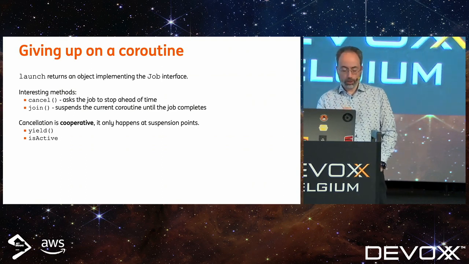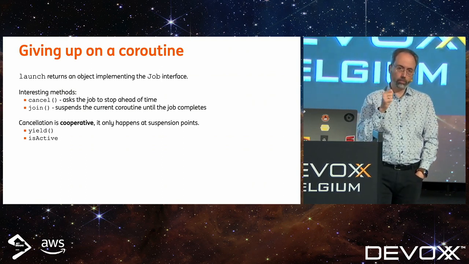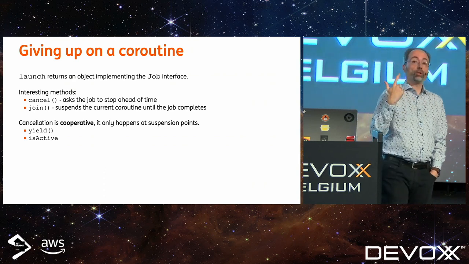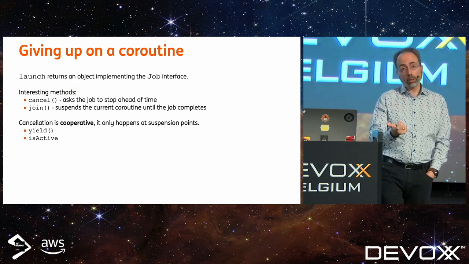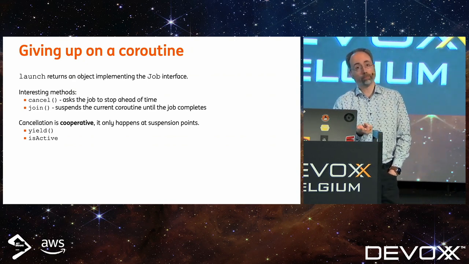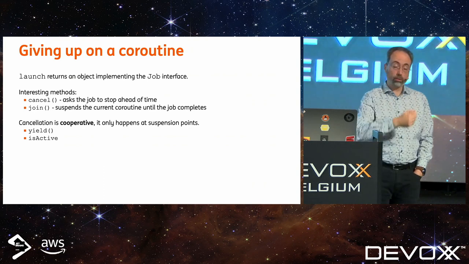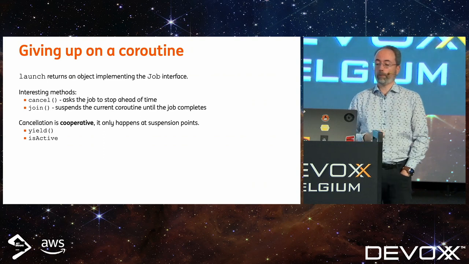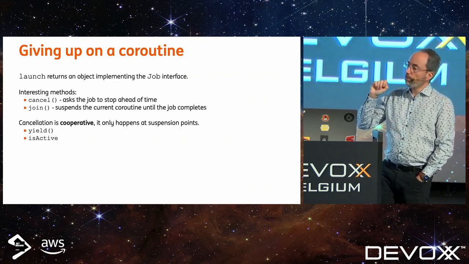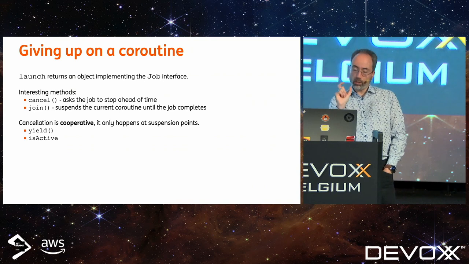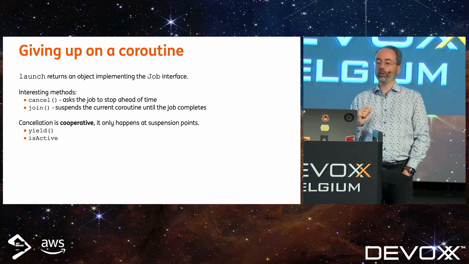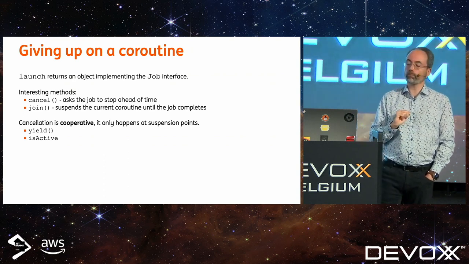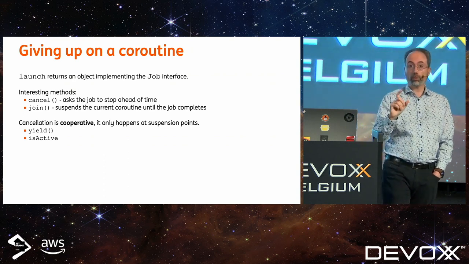Now, there are, of course, some caveats. Like everything, cancellation is cooperative, and because it is cooperative, it only happens at suspension points. For example, think about yield. Think about calling another coroutine. It may be possible to also use a special attribute of the coroutine job interface, which is called isActive, depending on how things work.